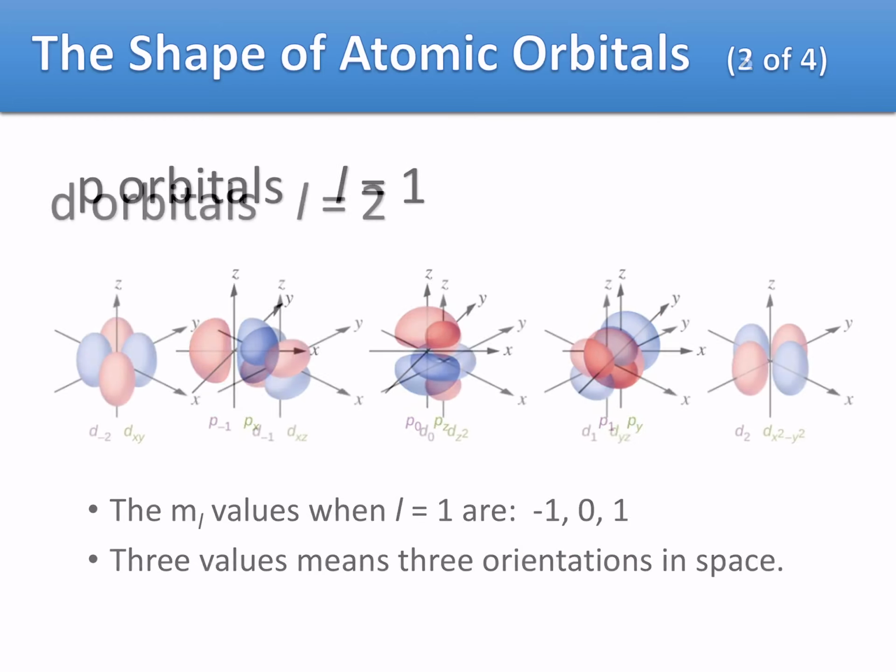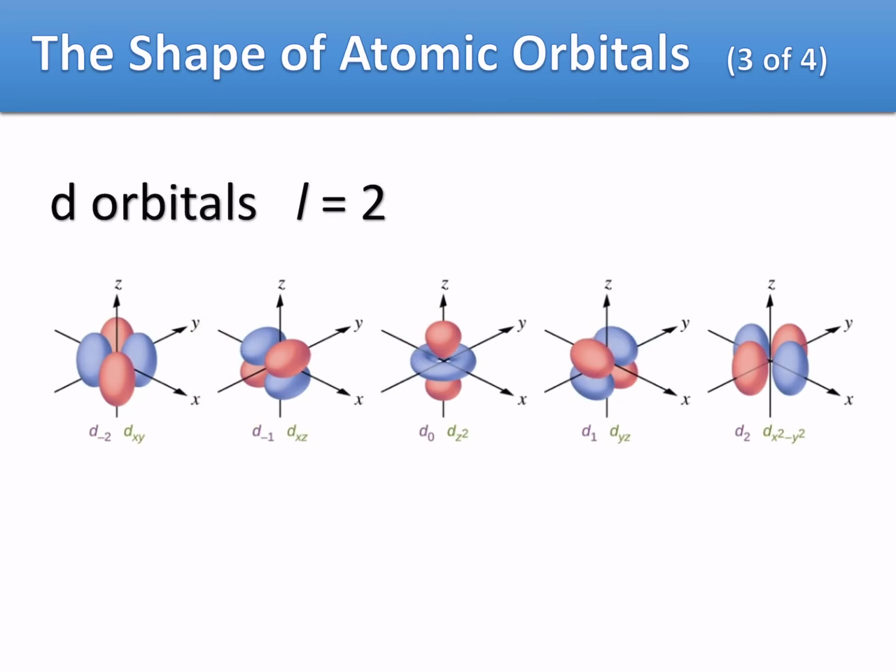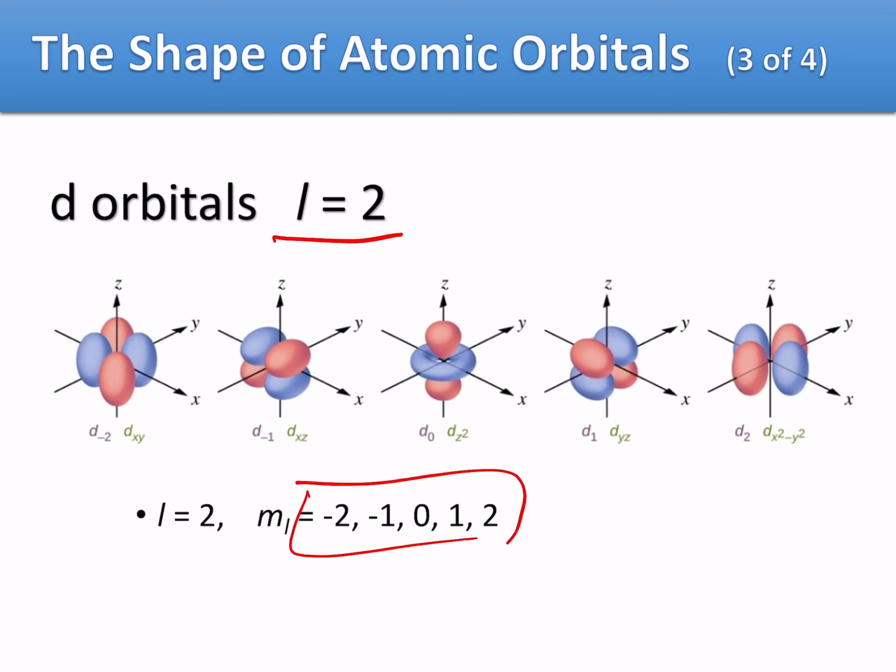Now from there things get a little more complicated. If we move into the d orbital, remember it's for L equals 2. There are 5 different values of ml, and if you have 5 different values, it means you have 5 different orientations. Here is dxy, dxz, dz squared, dyz, and this one. Do you really have to worry about that?